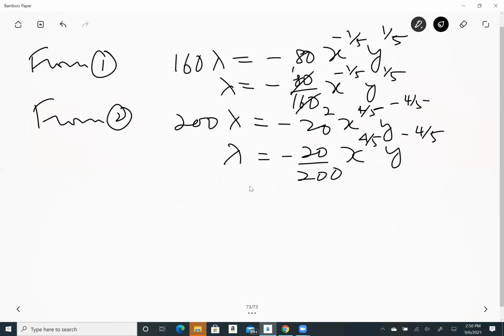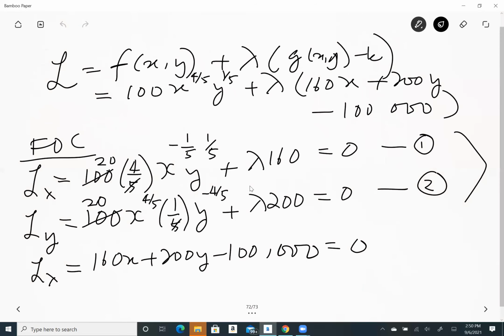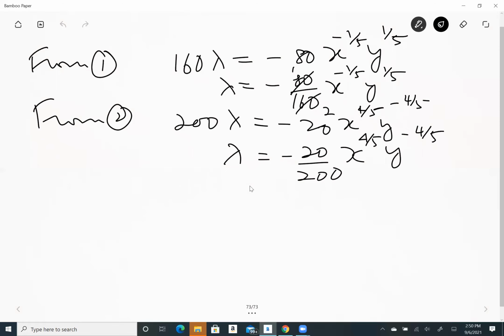Negative 20, negative 20. Okay, 100 divided by 5, that would be equal to 20. That's right. Simplify. So 1 over 10, that is 1 over 2.